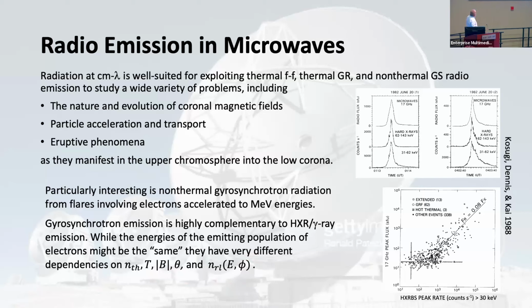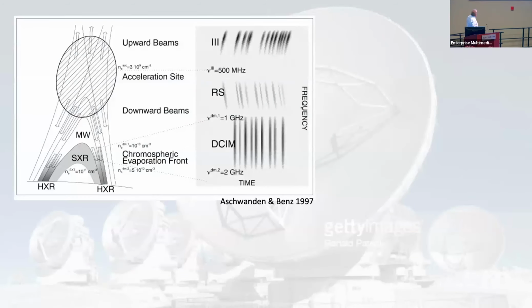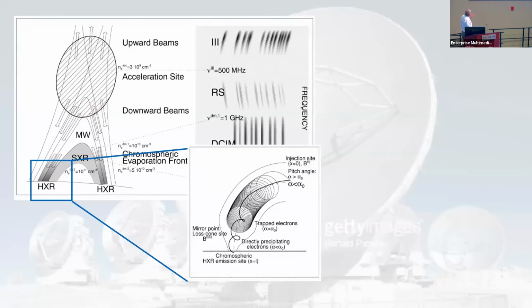Okay? So here's a cartoon that's been around. It's useful as a framework that I'm going to use today, simply to orient you on the kinds of observations one can make. So something goes bang up here in the electron acceleration, particle acceleration site. The electrons stream downward, and at the foot point, I mentioned pitch angle earlier.